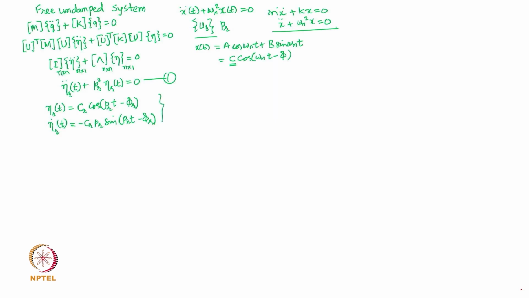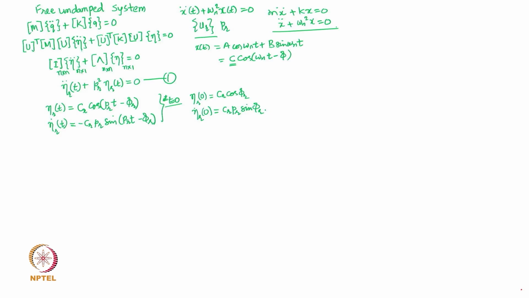And then if we write the initial conditions at t equal to 0, eta r at 0 is C r cos phi r, and eta r dot at t equal to 0 turns out as C r p r sin phi r, right?